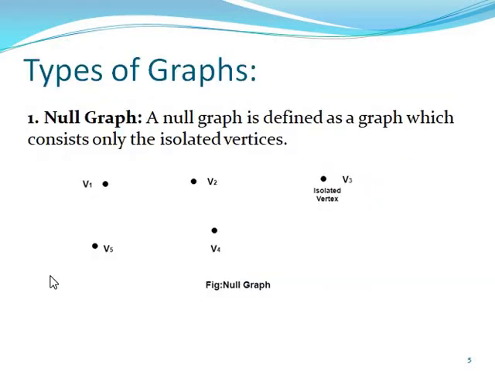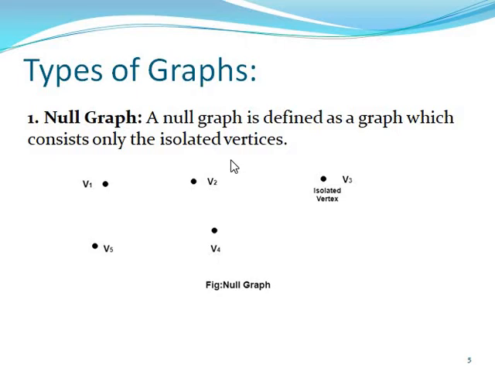Now, what are the types of graph? One is the null graph. A null graph is defined as a graph which consists only of isolated vertices.